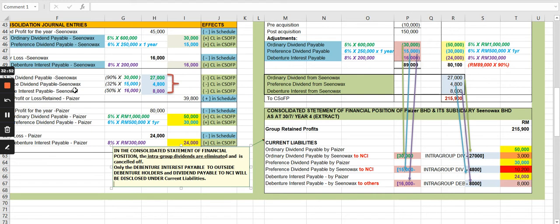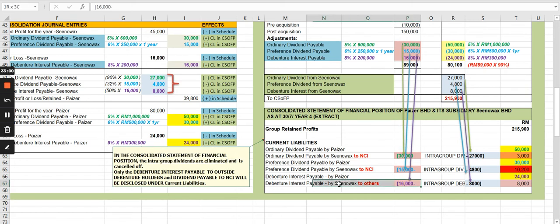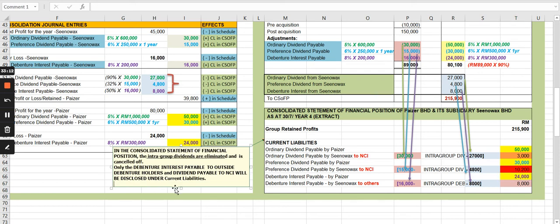We have done it already. And only debenture interest payable to outside debenture holders, if you relate to the subsidiary, it was 8,000. If you relate to the parent, it was 24. And dividend payable to the non-controlling interest will be disclosed under current liabilities in the consolidated statement of financial position.